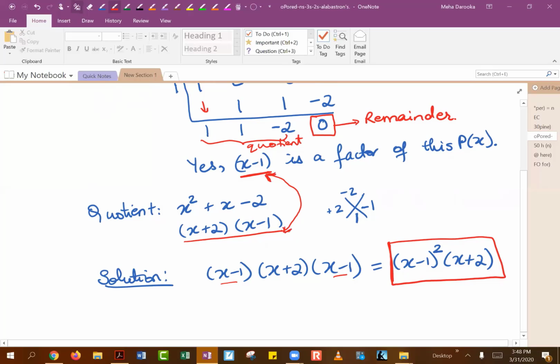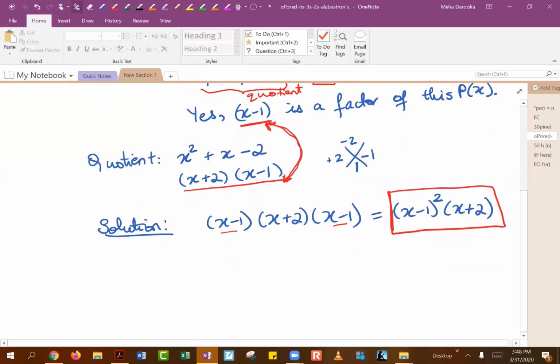Okay, and that's how you get your final answer. So the three factors together, but since these guys are the same, you can write them to the second power and get your final answer looking like that.